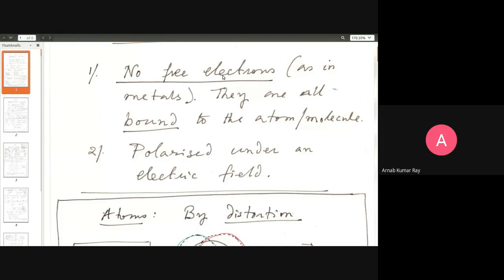Similarly, the electrons that are bound to the atoms of a dielectric material are also not completely bound, just like the free electrons in a good metallic conductor are not completely free. The freedom is qualified. Similarly, the state of bondage of the electrons in the case of an insulator is also not too bad either.